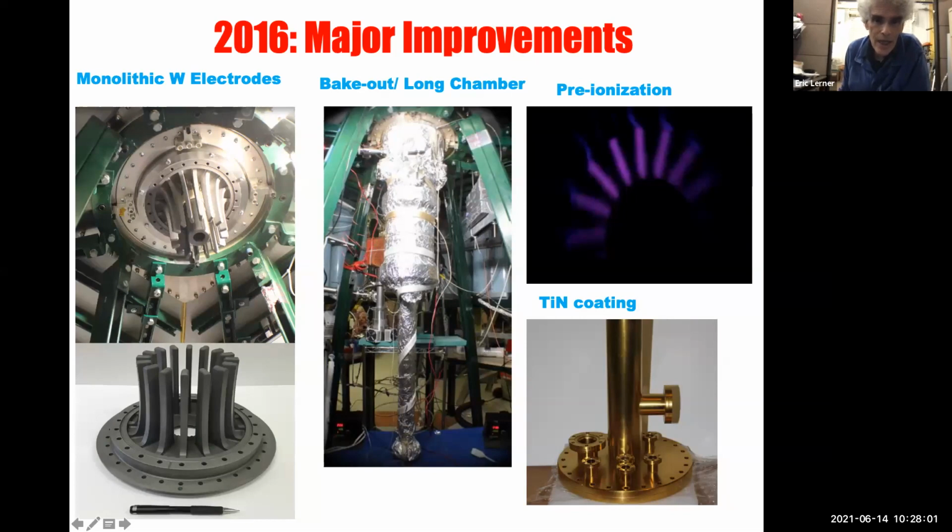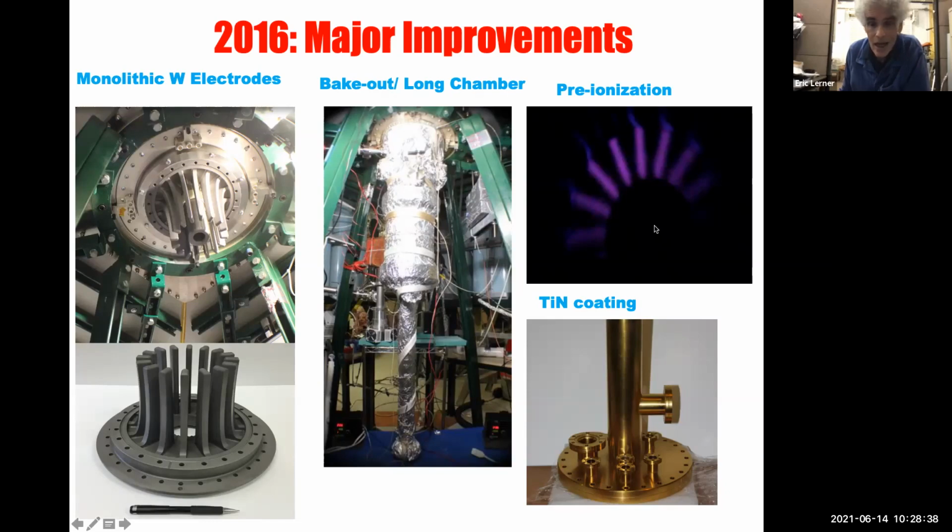We consulted with our colleagues in other fusion efforts, and we got some good advice on how to bake out the chamber to get rid of the oxygen clinging to it and the water clinging to it. We used a titanium nitride coating on all of the steel parts because we found that stainless is a great source of oxygen. And finally, we used pre-ionization, a steady microamp glow discharge.